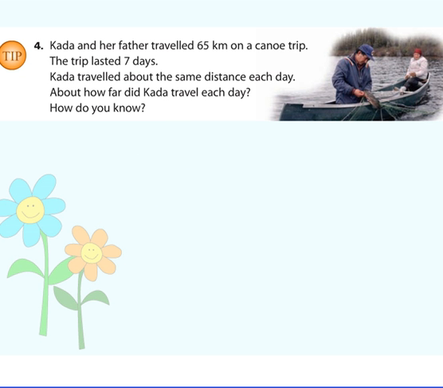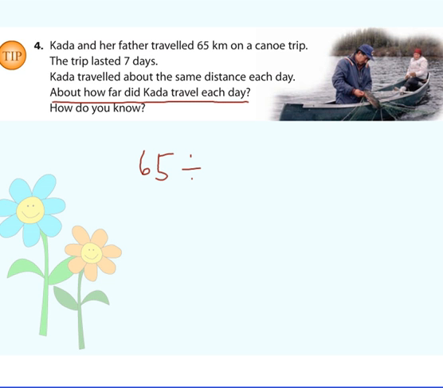So I'm just going to go over a couple more questions. 4 says Kata and her father traveled 65 kilometers on a canoe trip. The trip lasted 7 days. Kata traveled about the same distance each day. About how far did Kata travel each day?